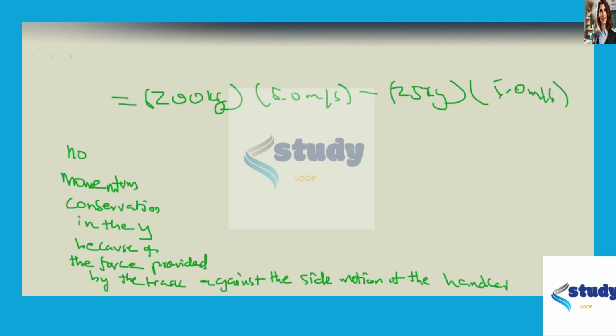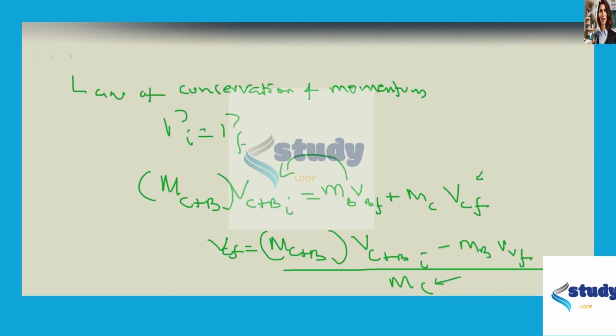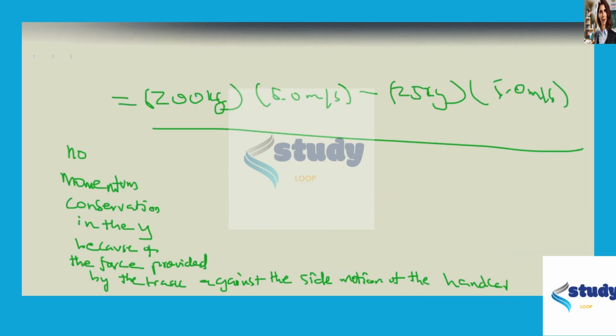It's going to have a velocity of 5 meters per second. And then we have to divide by, if you go back, you see the mass of the car. Remember, just as a side note, the mass of the car plus the block happened to be 200 kilograms, but the mass of the car equals the mass of the car plus the block minus the mass of the block, and that gives us 175 kilograms.